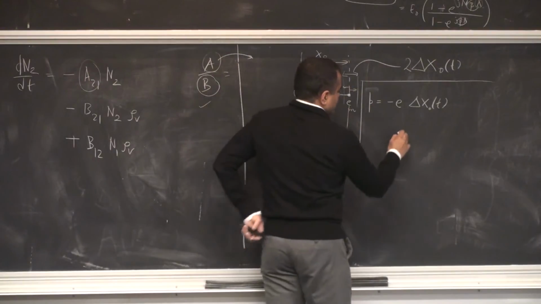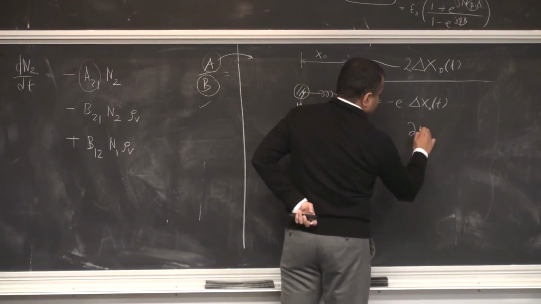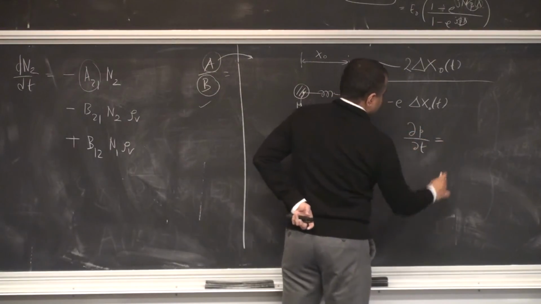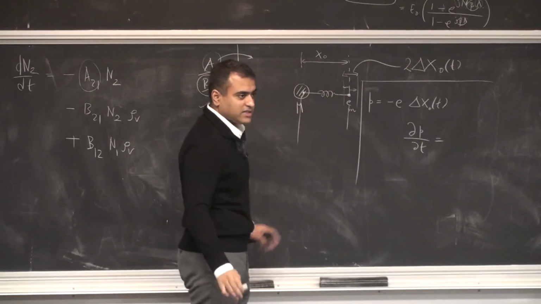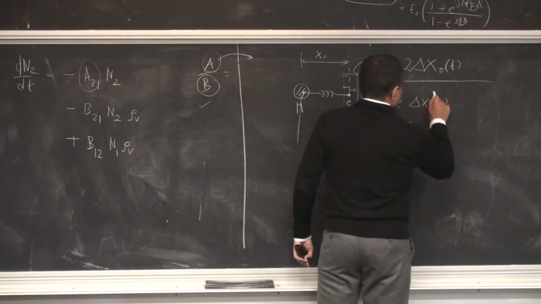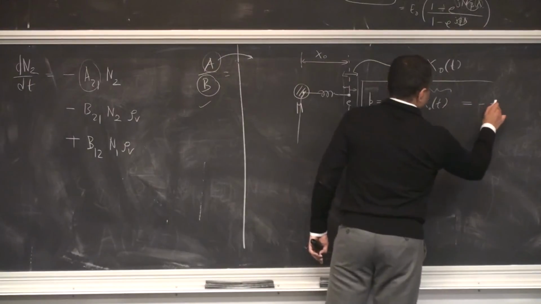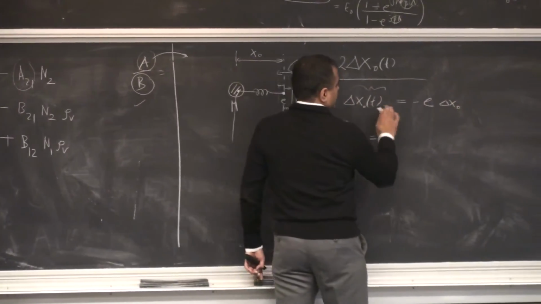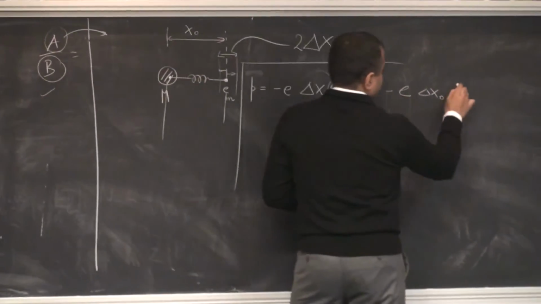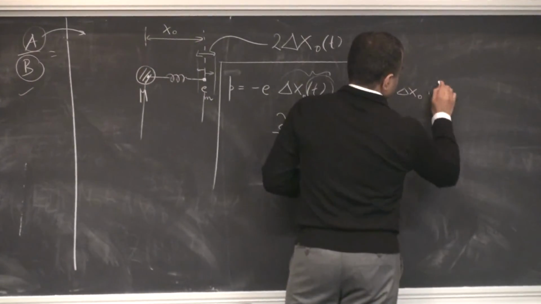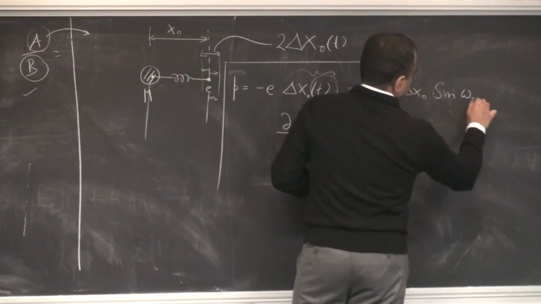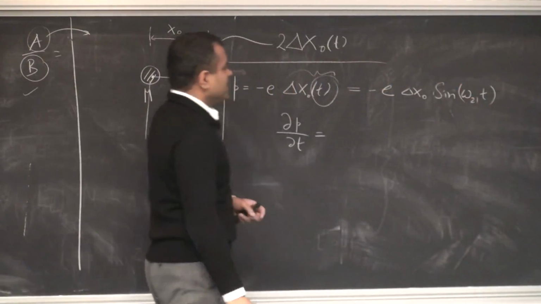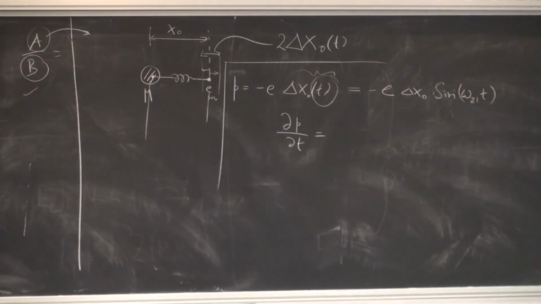This is the polarization, and because of this you get a current, which is the rate of change of the polarization. That's the current that flows. Now, because it's an oscillator, I'm going to make an assumption here that it has this amplitude, and the time dependence goes as, let's call it, sine of omega 21 t, where omega 21 is a certain characteristic frequency for these oscillations.